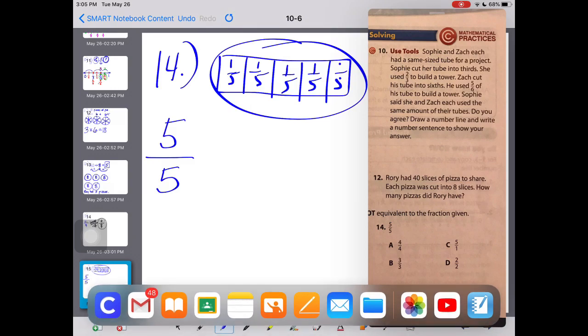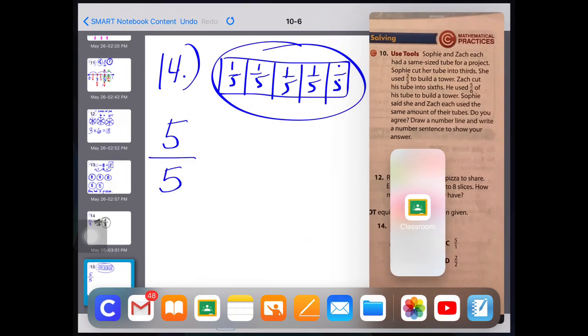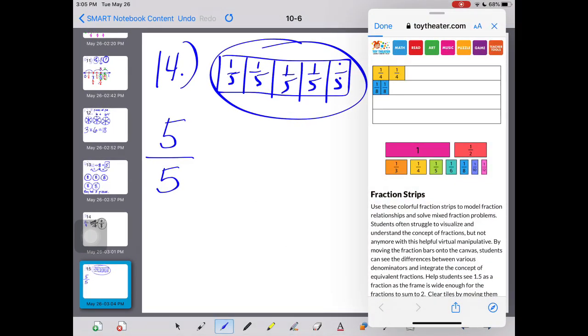All right, guys, I'm going to use my online fraction tool, that's the way to go. Okay, so we got 5/5, right? So I'm going to go ahead and put the 5/5 up here. We got 1, 2, 3, 4, 5. All right. So what's our first option? A was 4/4.